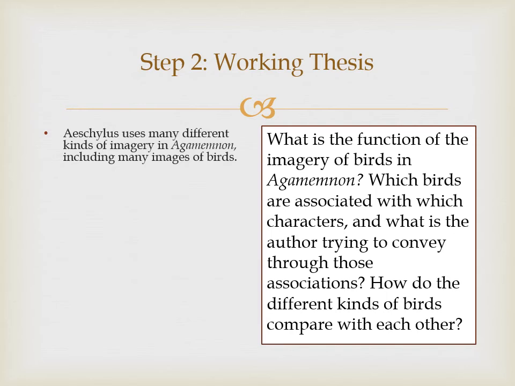It tells me that there's imagery, and there's imagery with birds. This is true, but it's also the information that was already in the question. So if you start out without looking at the text first, you're going to come up with a thesis statement like this, and I'm going to tell you to do it again because you're not telling me anything I didn't already say for you. So that's not any good.